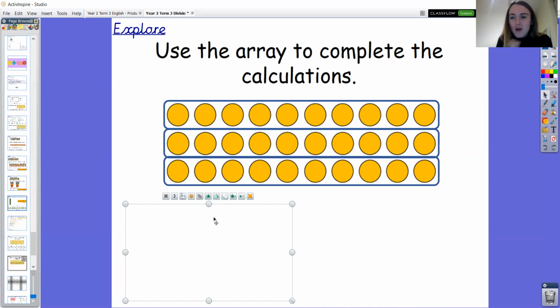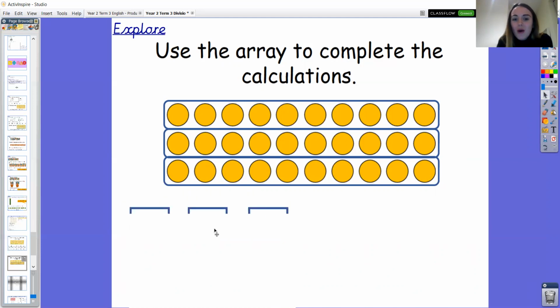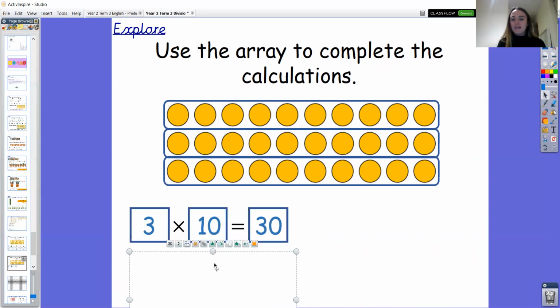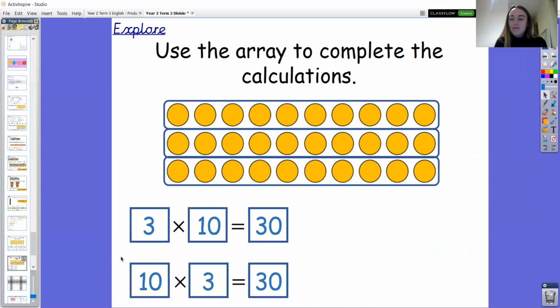Okay, so let's have a look at our first multiplication. Using that knowledge and bearing that in mind, what do you think it might be? Well done. 3 times 10. And as multiplication is commutative, what is the other way of writing these factor pairs? Well done, year 2. 10 times 3 equals 30.